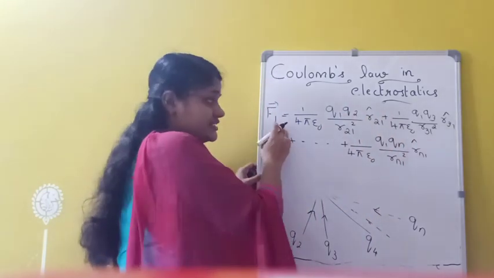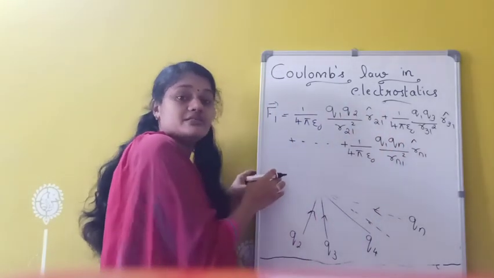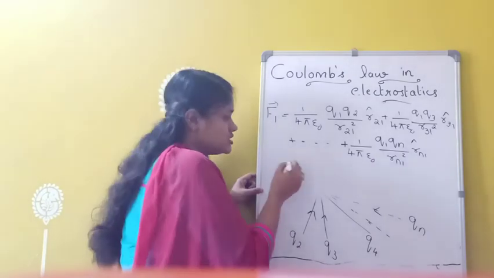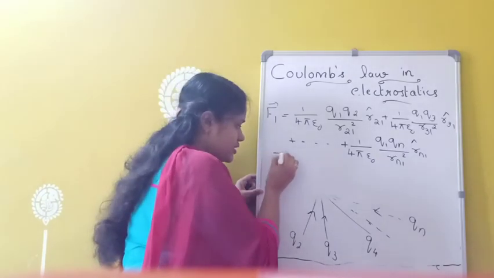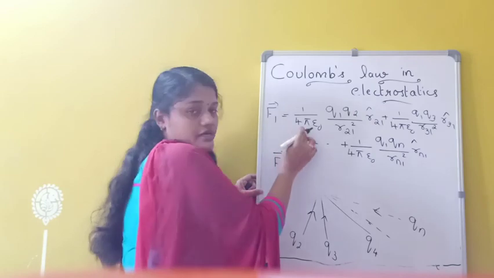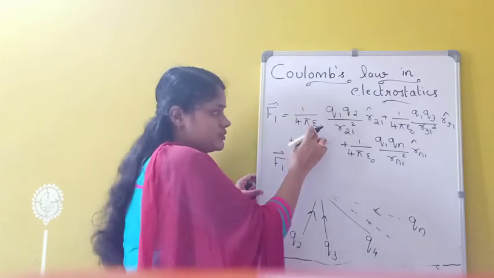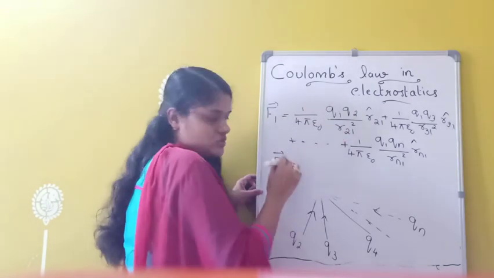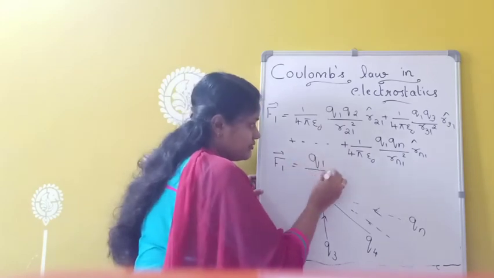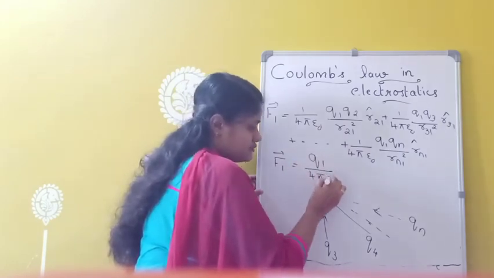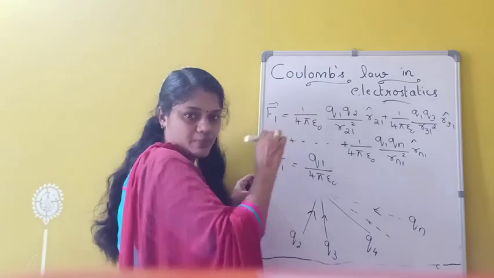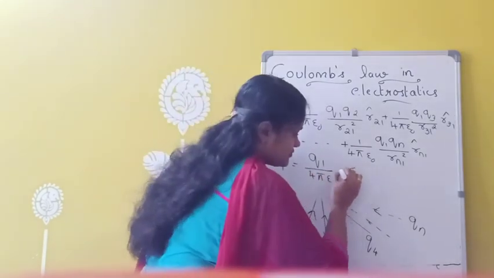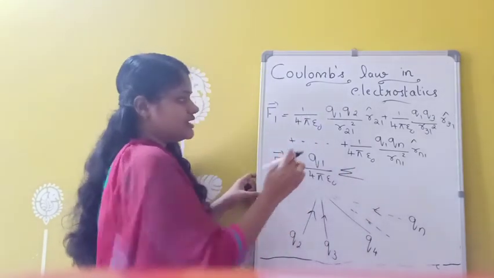Okay. So writing like this is very difficult. So we can write it in sigma form, or summation. We can write vector F1 equals, and common terms we can take outside. 1 by 4 pi epsilon 0 is common. Q1 is also common. So Q1 divided by 4 pi epsilon 0 into the remaining, we can put in sigma summation. Here the variable is which one?